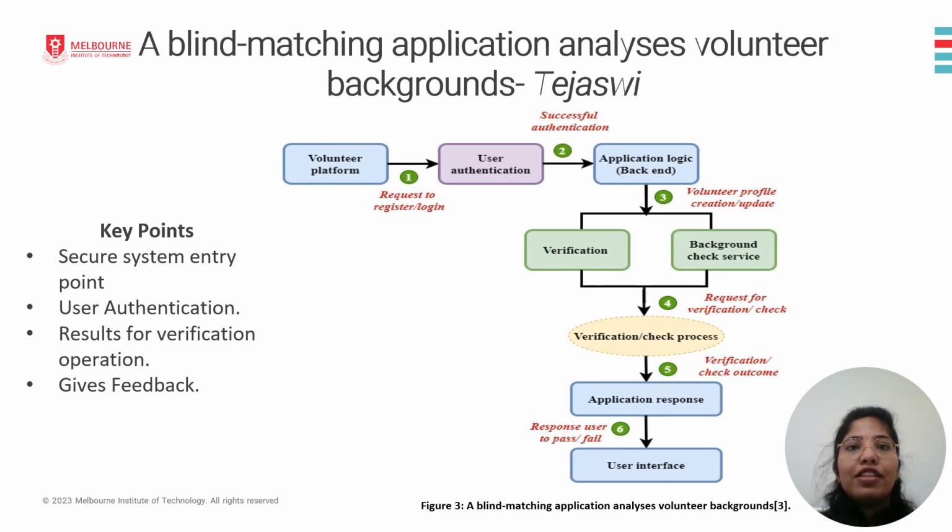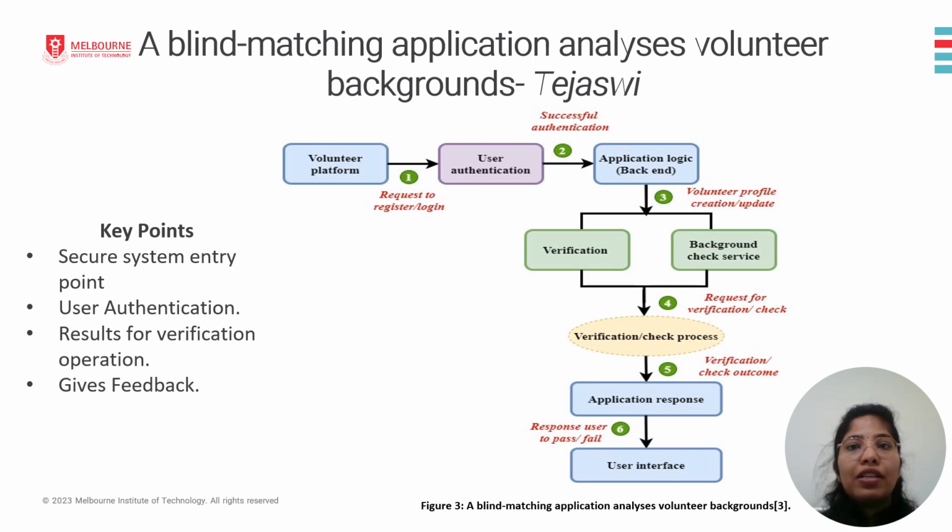Once the authentication procedure is successfully finished, the program's backend logic activates. A volunteer profile may be created or updated using this. This step lays the framework for the background check and verification service to maintain the platform's integrity as a safe and reliable space.